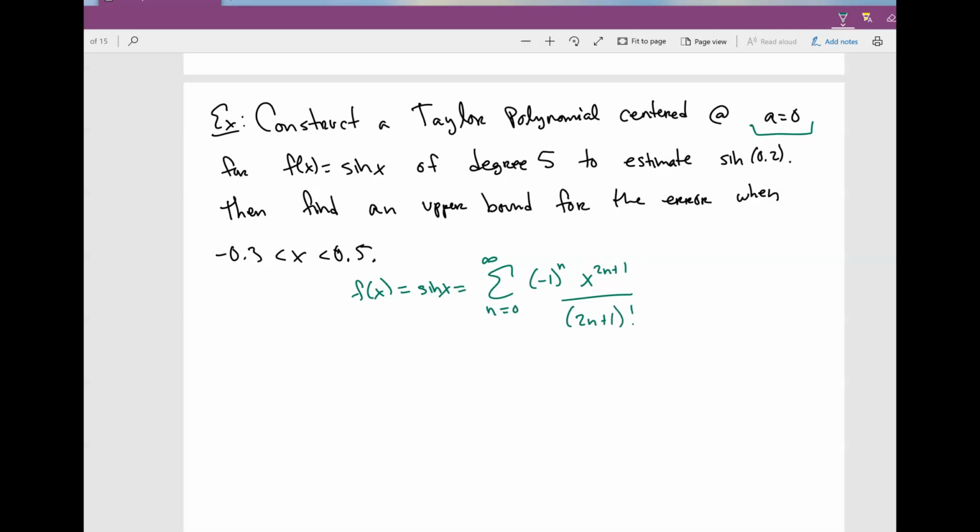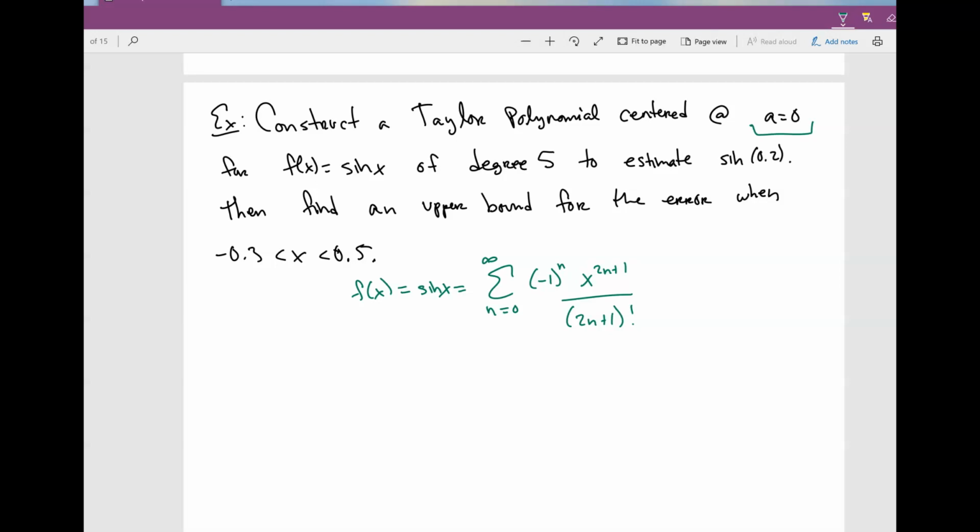I got this by using the definition of Taylor series and coming up with some pattern, which is kind of what we did with the cosine a couple of videos ago. But this is the one for the sine. I posted the Maclaurin series, in this case, for the sine function.